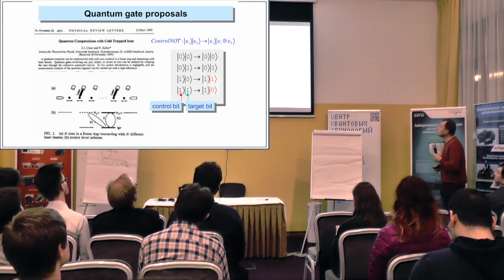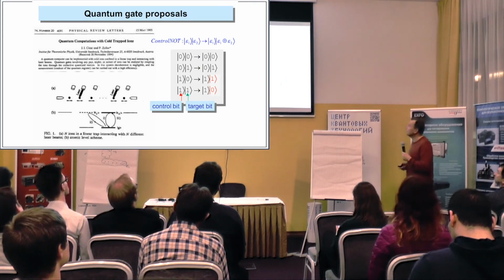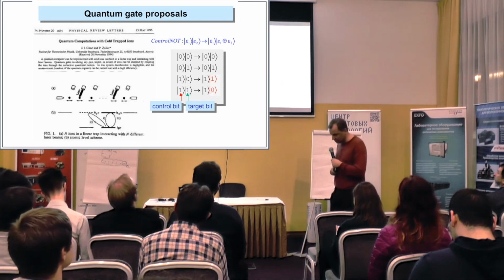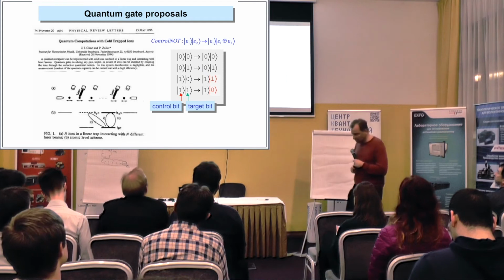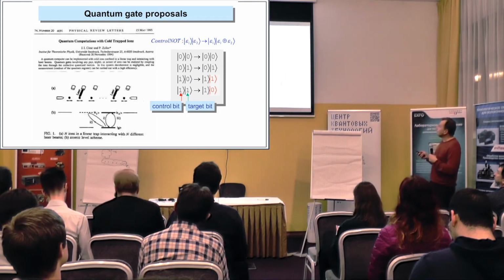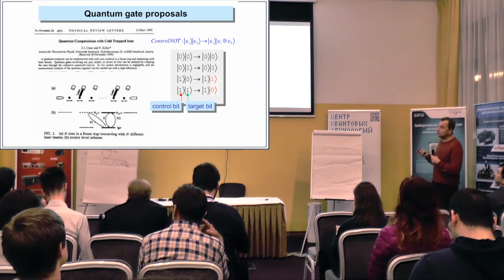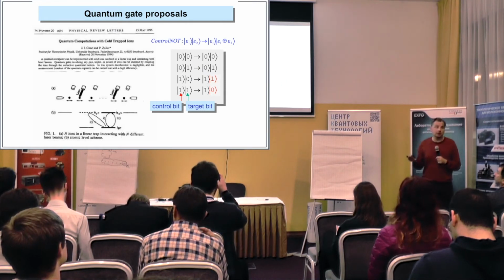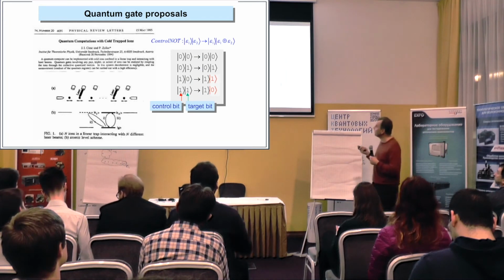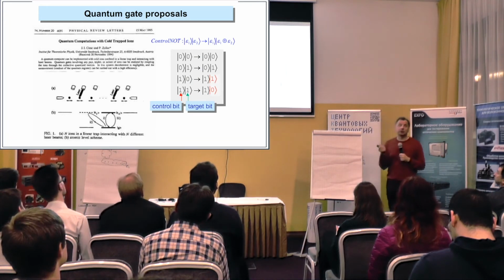And indeed, the first two-qubit gate proposal was given by Cirac and Zoller, two theoreticians, one from the Max Planck Institute of Quantum Optics, another one from Innsbruck University at that time. The idea is to implement the CNOT gate, which is a universal gate, using two ions which share vibrational states.